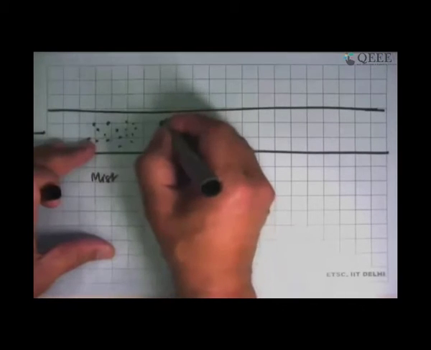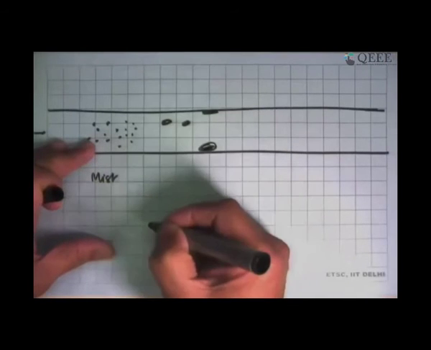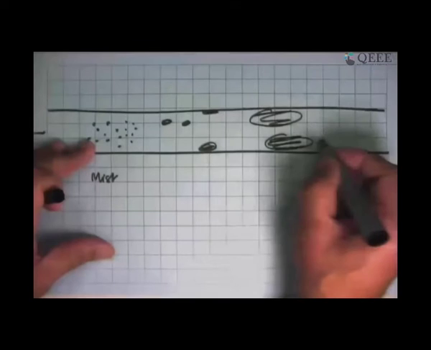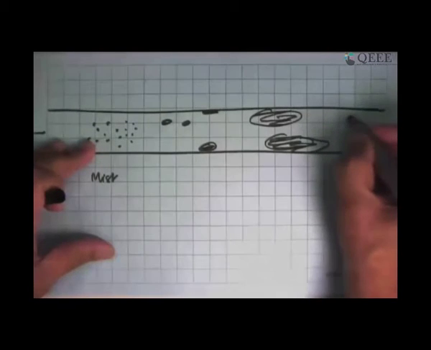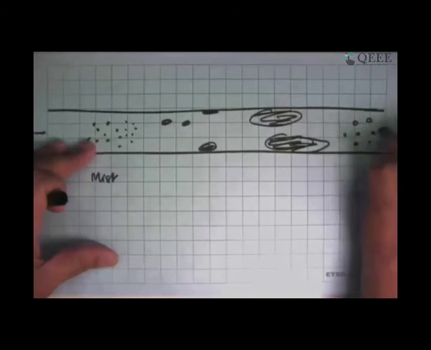Then these will become bigger and bigger drops, and as you're seeing, some of these could be attached to the wall. Then they become very big and occupy a large space in the tube, and they become like slugs. And finally, you have a lot of liquid with maybe a few bubbles of vapor floating in them, and finally it condenses completely.